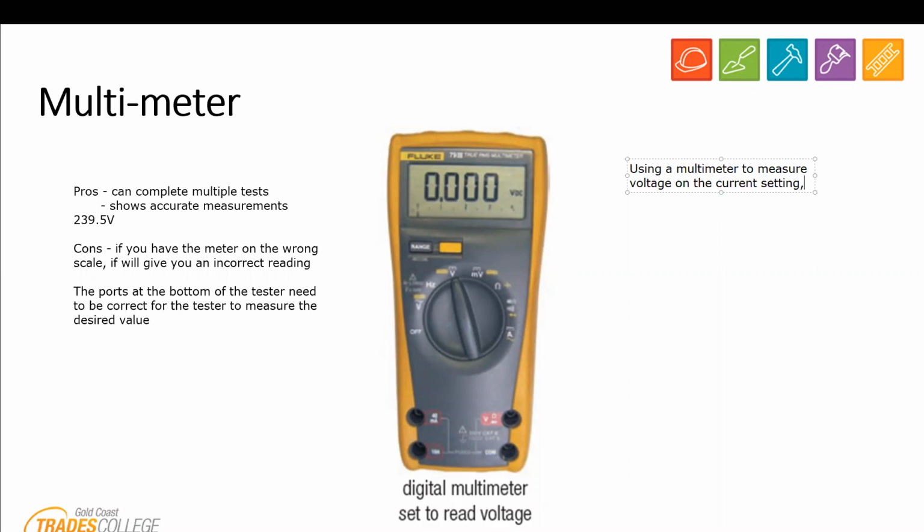Using a multimeter to measure voltage on the current setting means you are creating a short circuit, which will damage the tester and could cause injury.